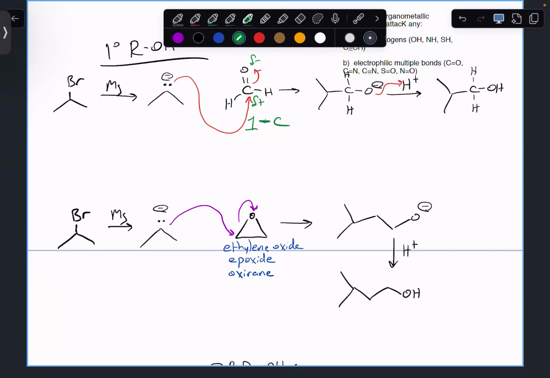With ethylene oxide, though, your electrophile has two carbons. So in this case, your product is going to be five carbons in total. Sometimes people forget that if they're using ethylene oxide, you are extending your carbon chain by two. All right, questions there?